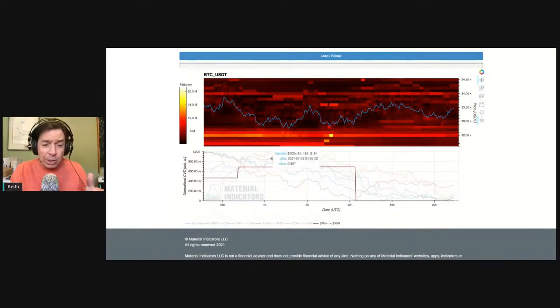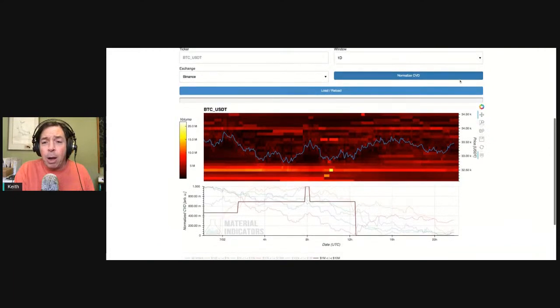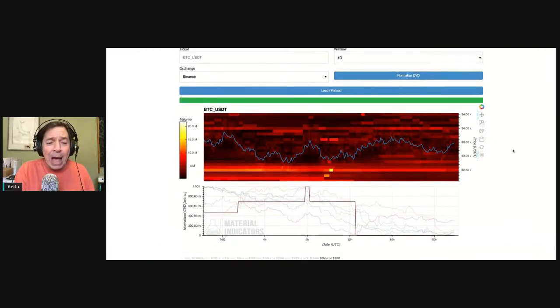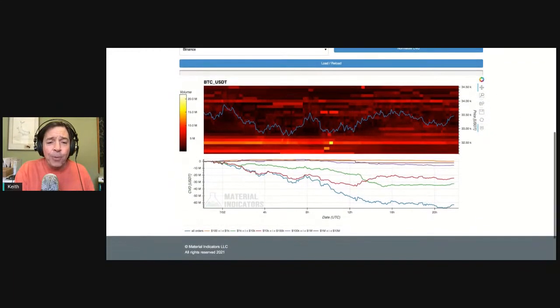Doesn't necessarily mean it was the same whale each and every time, but it could have been, and this one especially looks like it could have been because it was a quick scalp and a good one of the same relative size. So let's look now at the actual value of that move and see if we can get anything else out of it.